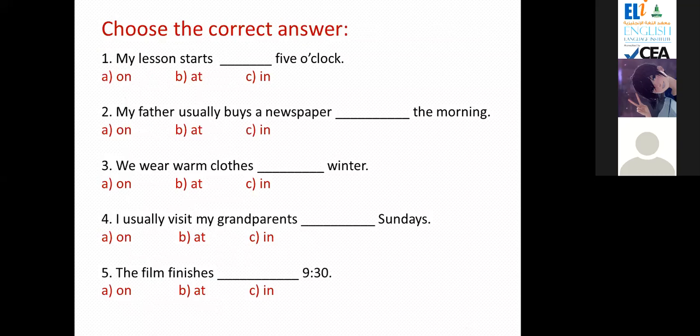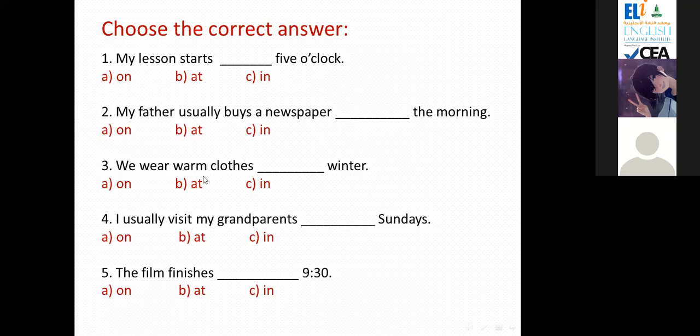Here, try yourself to choose the correct answer. My lesson starts at 5 o'clock. Great, because it is a certain time. Number 2, my father usually buys a newspaper in the morning, excellent.